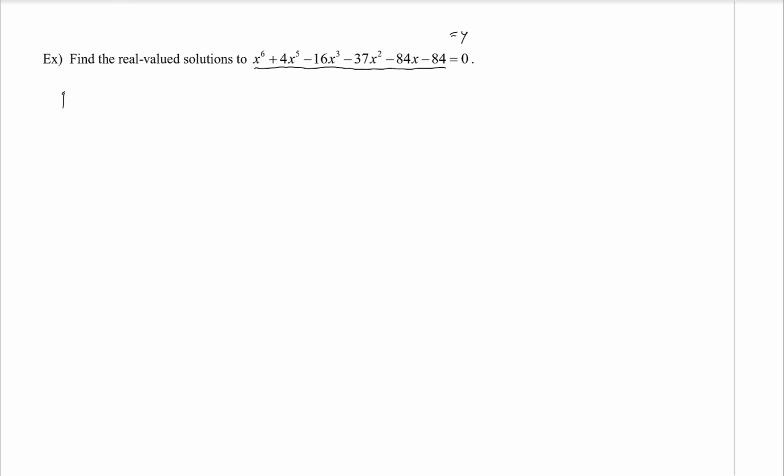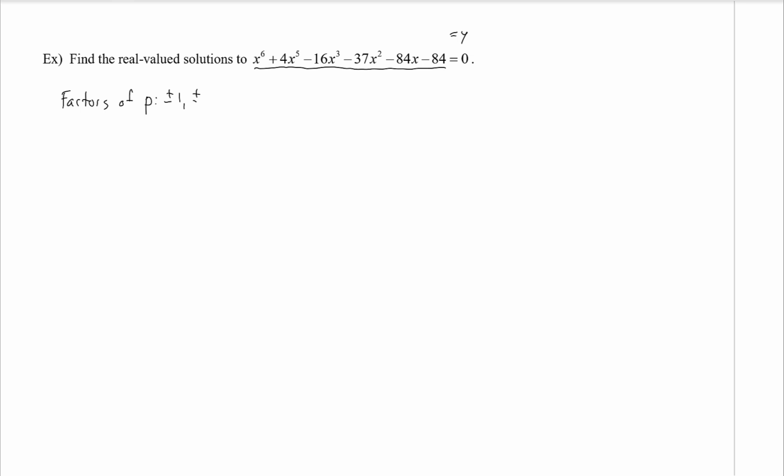So let's go find my factors of p. Let's see, so factors of 84. Well, we know 1 goes in there.